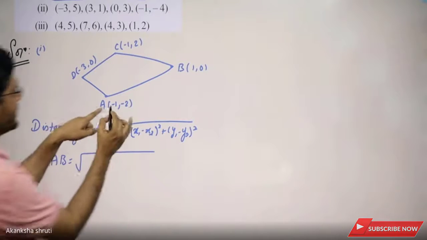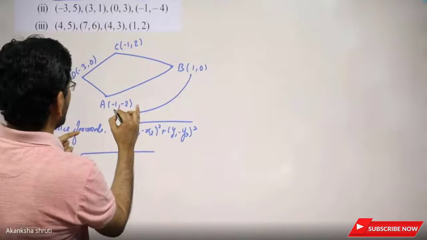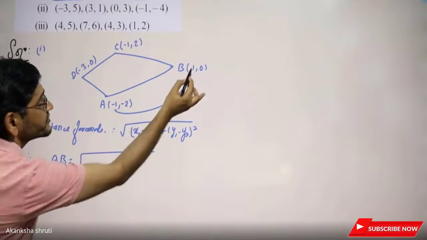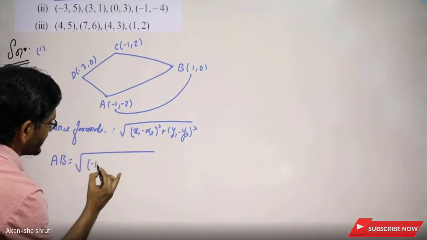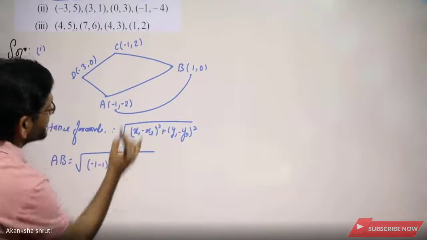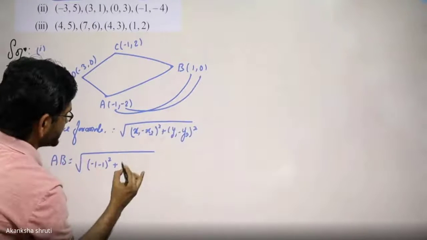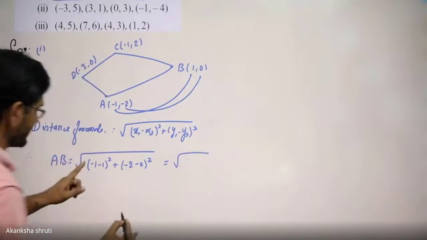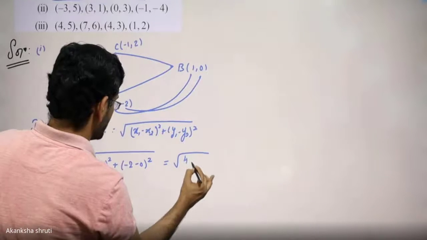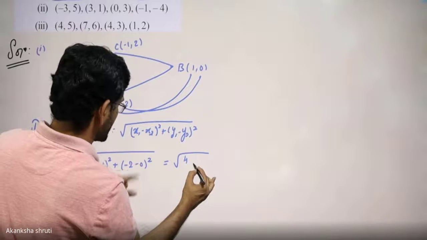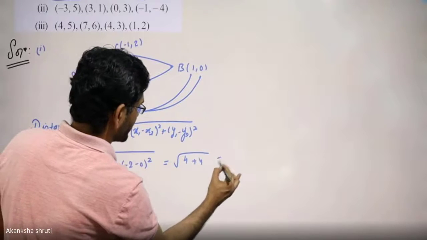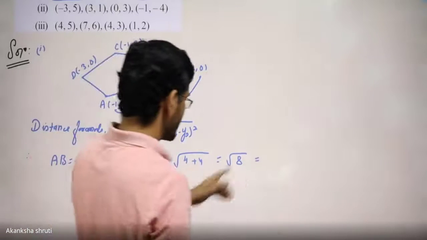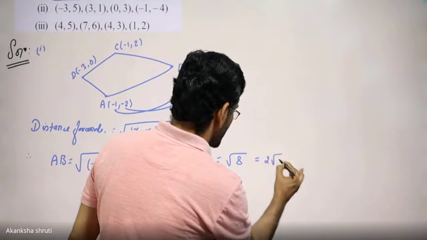For our AB, the difference of their x coordinates, -1 minus 1, square, plus considering their y coordinates, -2 minus 0, square. It is like minus 2 square is 4, and this is another minus 2 square, which becomes another 4. It is under root of 8. This can be taken as 2 root 2.